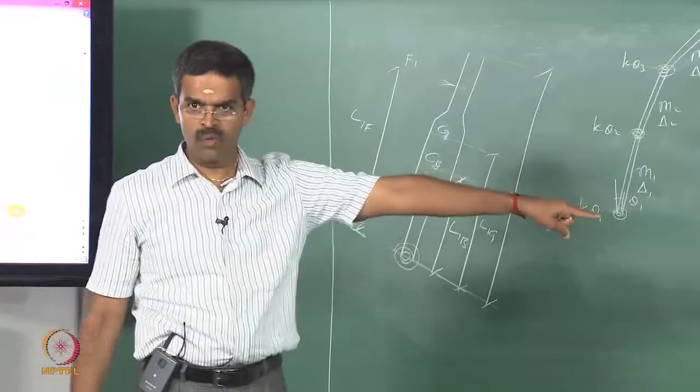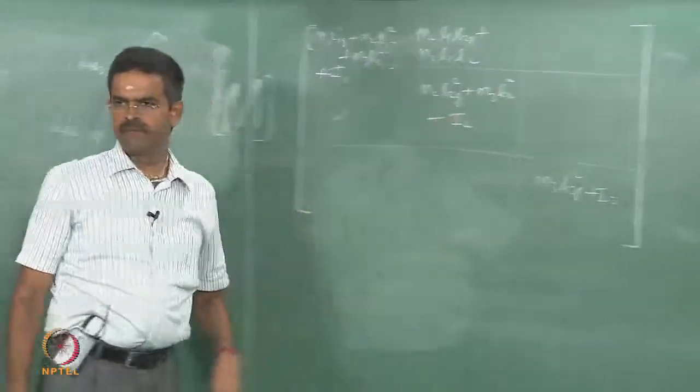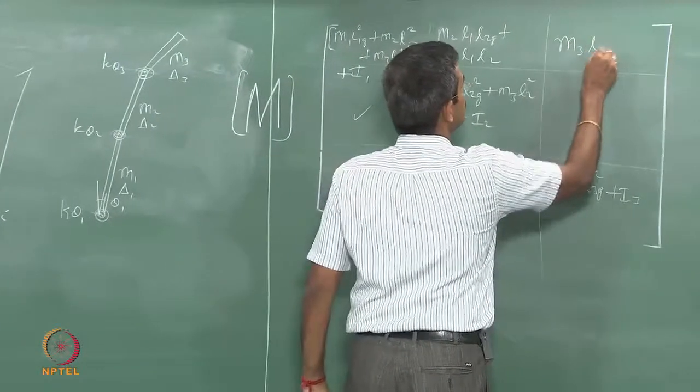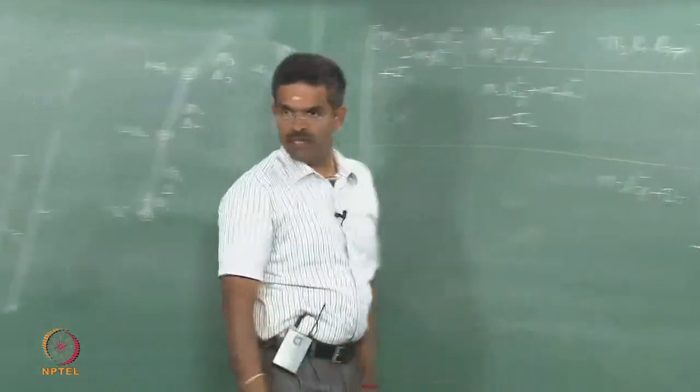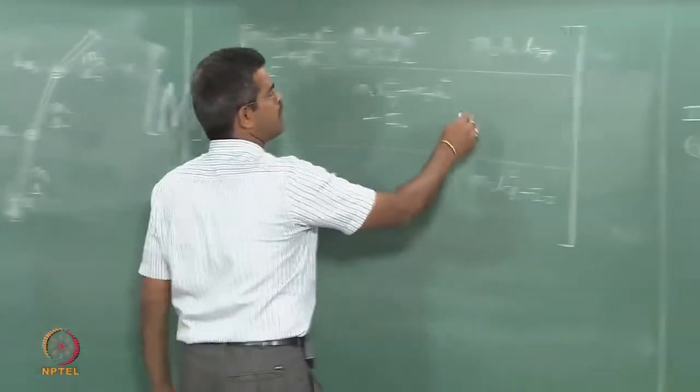If you write the second equation, you will know it is going to be symmetric. Okay. The third one will be, can you give me the third one? Can I write this as M3 L1 L3G? Same here. Now I can quickly fill up this. Can you give me this value?